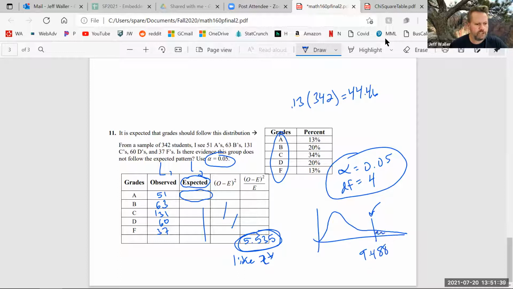So that's where our rejection region starts. That would be where enough evidence would be to show that this distribution is different than expected. But we landed at 5.535.